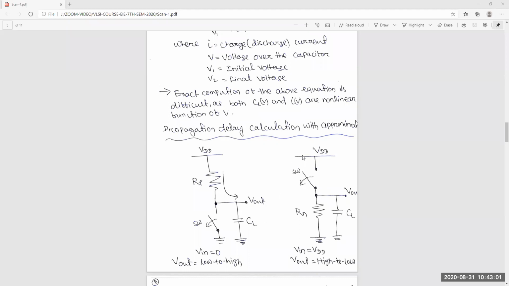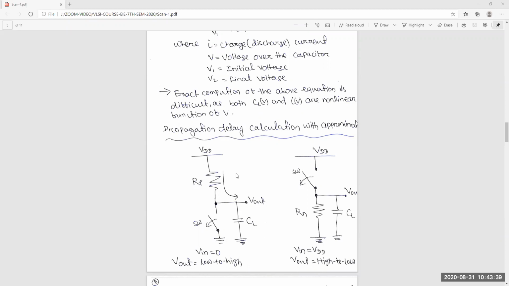That means it will be off, and the NMOS is on, in saturation. That means whatever voltage is stored at this CL will discharge through this resistor RN. Here the capacitor will charge from VDD through this resistor.